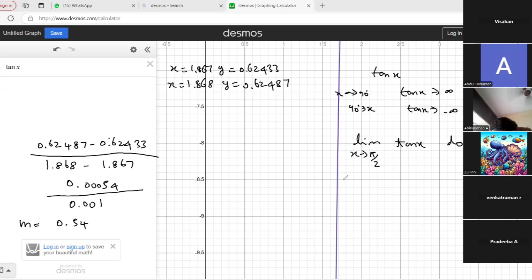Why? Because we have the left hand limit, LHL, and the right hand limit, RHL. LHL means the value that you're taking is a little less than pi by 2. Pi by 2 minus means a little less than pi by 2, and here it is pi by 2 plus, meaning a little right of pi by 2. In that case, the tan x graph was going towards infinity. And here, a little right of pi by 2, the tan x graph was going towards negative infinity.